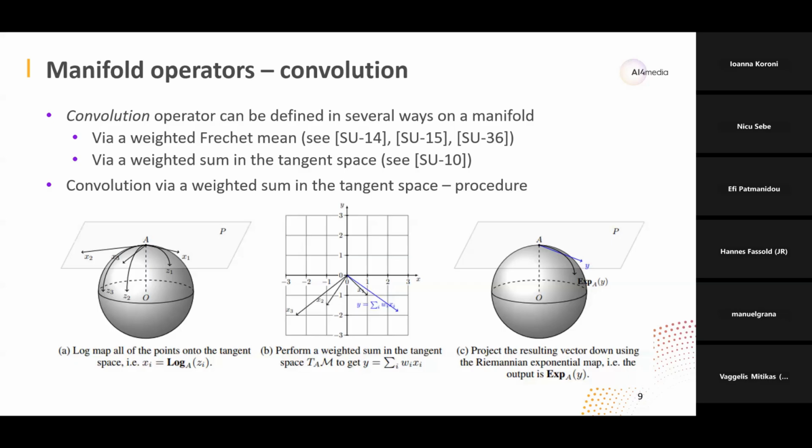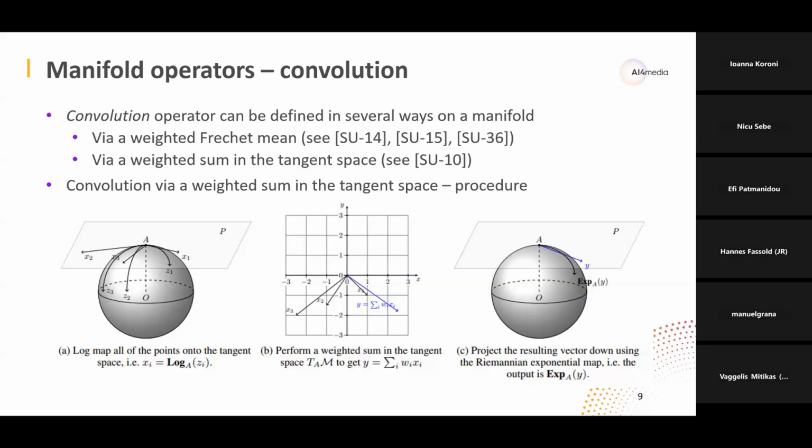So what is the procedure there? When you take a look, the first part is, of course, you're mapping all points from the manifold onto the tangent space. So here you need, of course, the logarithm map, which I presented just before.